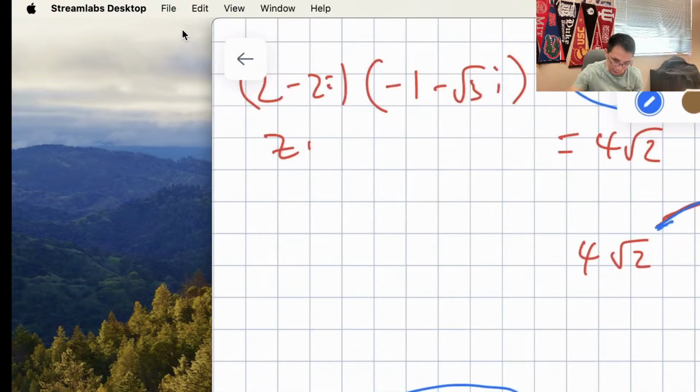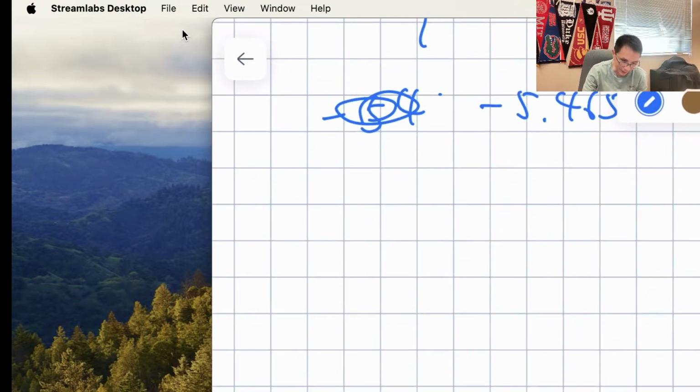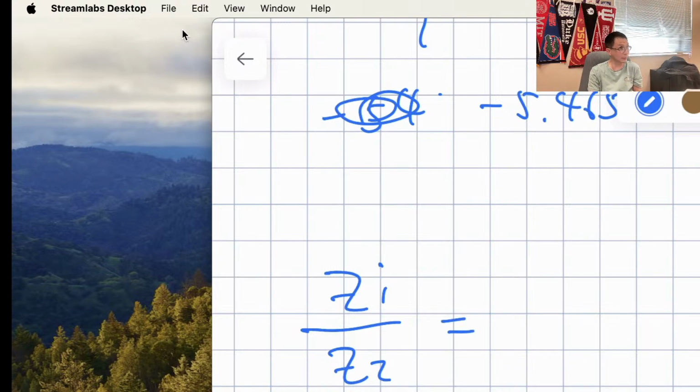I'm going to give you one more equation, and you guys guess. If I do z1 divided by z2, two complex numbers divided by each other, what would it be? r1 divided by r2? Is that okay? Because it's the same as before, right? So what do you think the cosine is going to be? Theta 1 minus theta 2, plus i sine of theta 1 minus theta 2.